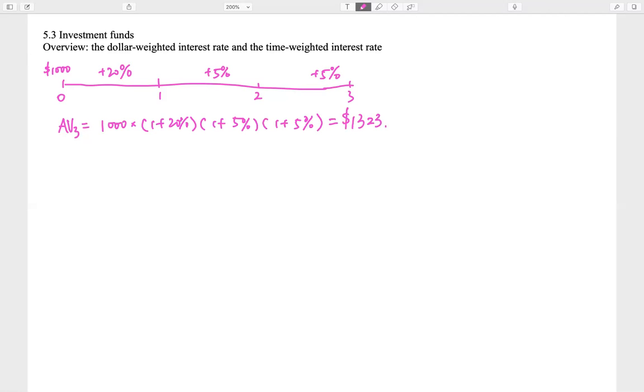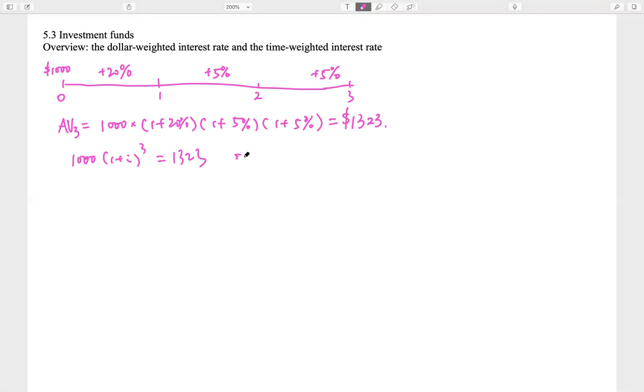So we will have $1,323 by the end of 3 years. So if we assume there is an interest rate that is applied equally to 3 years, what we would set up would be, right? So assume the same interest rate for 3 years.